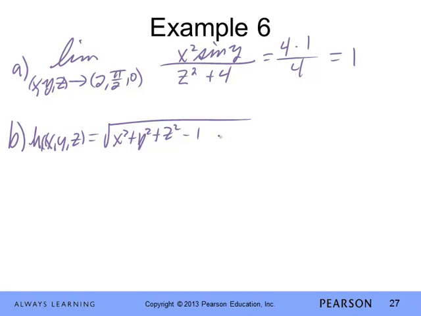So, look, we're talking about square roots and squares. This is all good as long as the square root function is defined, right? And it's going to be defined as long as you're not taking the square root of a negative number. So the radicand, x squared plus y squared plus z squared minus 1, you set that to be greater than or equal to 0.